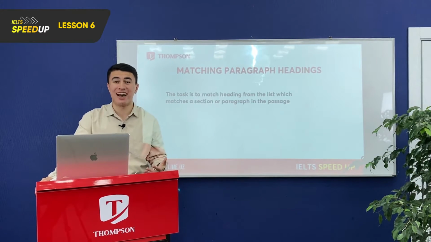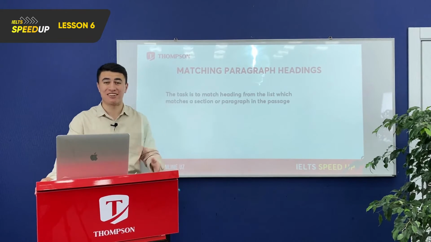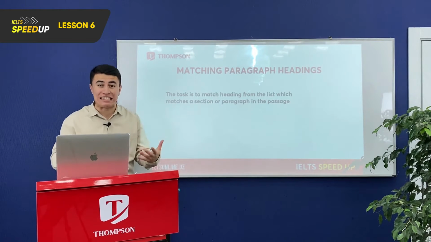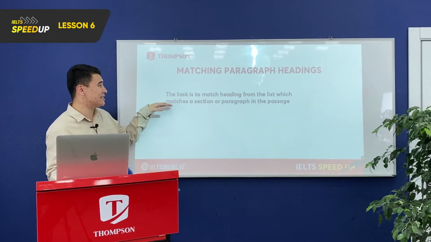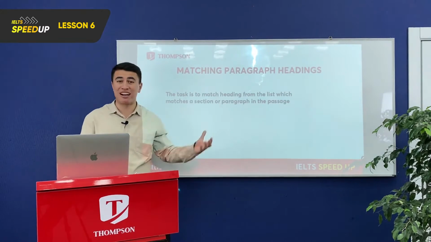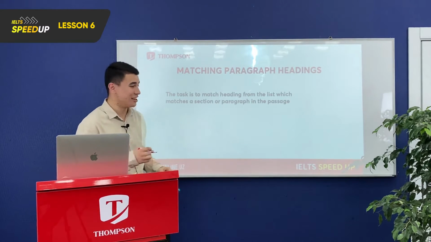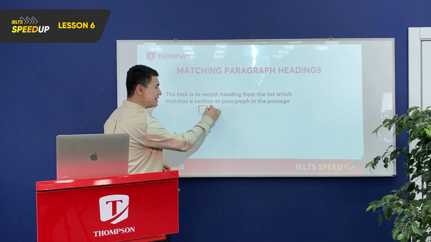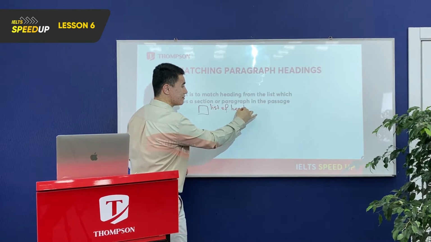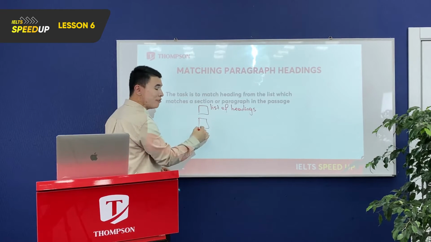Next question type we will focus on is matching paragraph headings. So the main task and idea of this question type is matching headings from the list and paragraphs in the passage. So how does it look? You will be given a list of headings followed by a list of paragraphs.